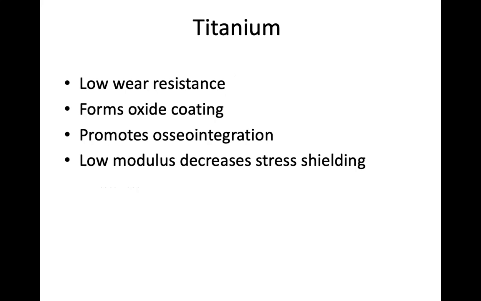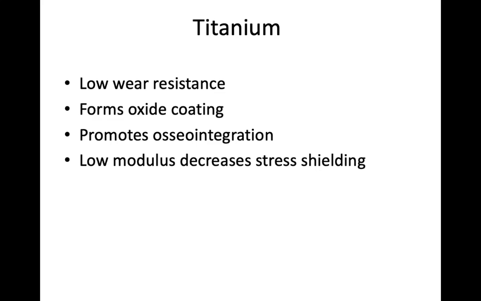And finally, titanium. It has low wear resistance, it forms an oxide coating, it promotes osseointegration, and its low modulus decreases stress shielding. So the low wear resistance makes titanium not a good choice for a bearing surface. So oftentimes in hips, we'll have a titanium stem and a cobalt chrome head.